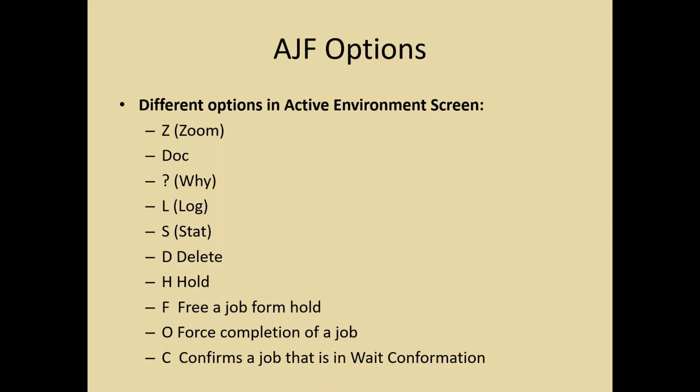Then one more is force completing and forcing a job. This is important. Most of the time we get confused between force completion of a job and forcing a job. Forcing a job is nothing but manually bringing a job from your schedule library and table to your option 3, that is the active job file.